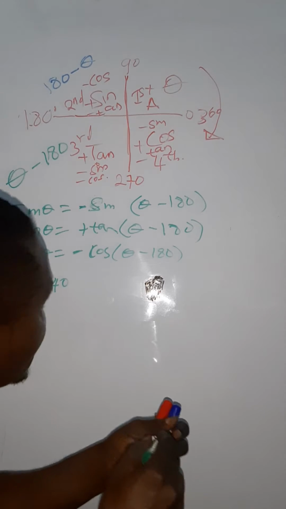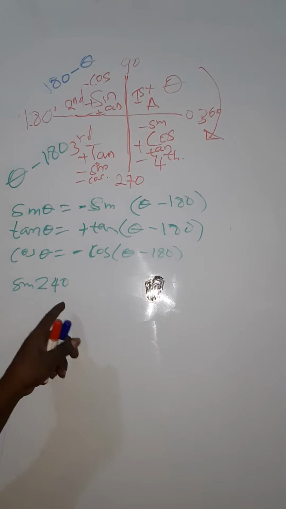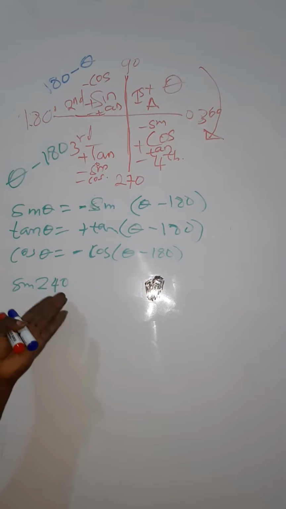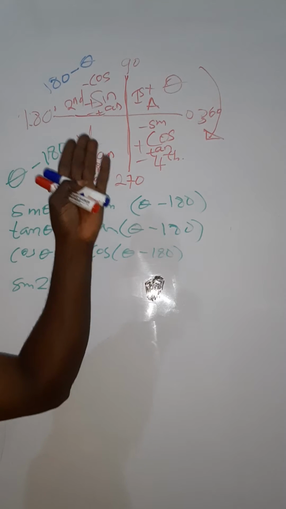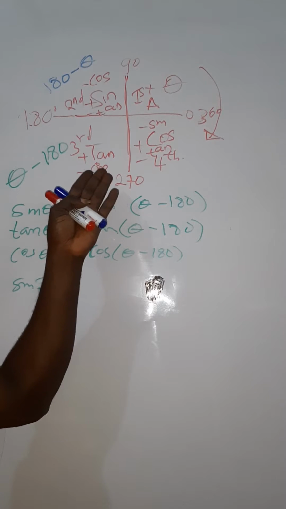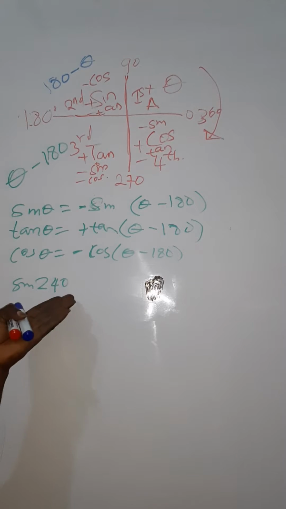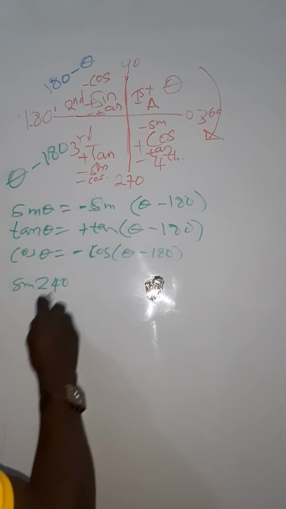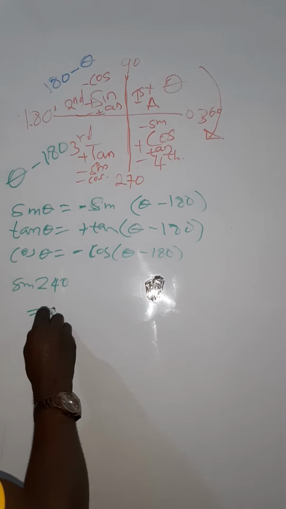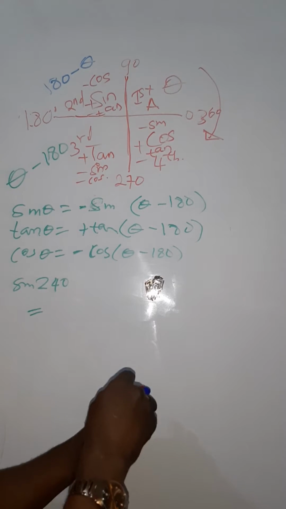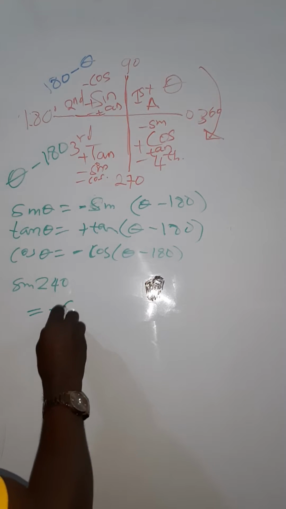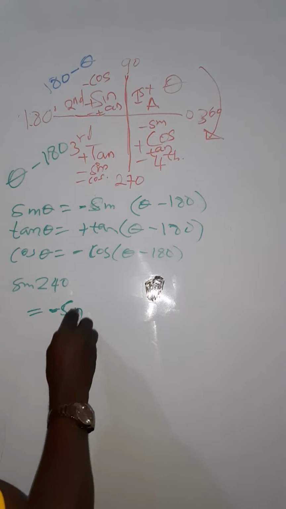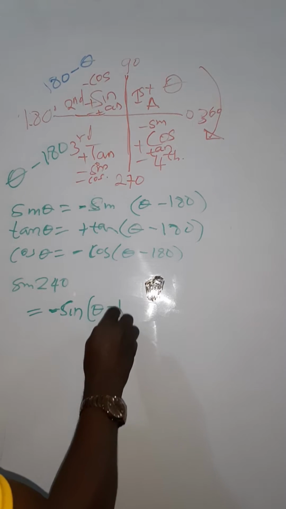You will see that 240 is greater than 180, between 180 and 270, so it is the third quadrant, and in the third quadrant only tan is positive. So definitely I will know that my final result should be negative. So how will I do it? I already know the formula on the third quadrant. Because sine of 240 is negative, I will put the sign outside and apply the formula, sine of theta minus 180.